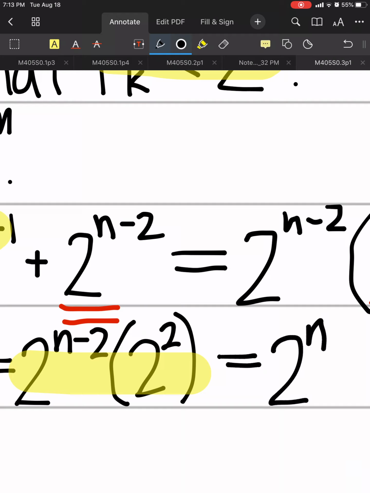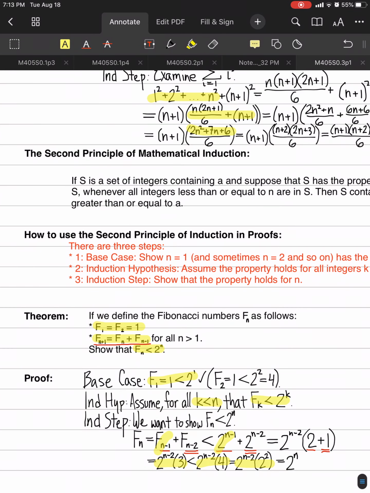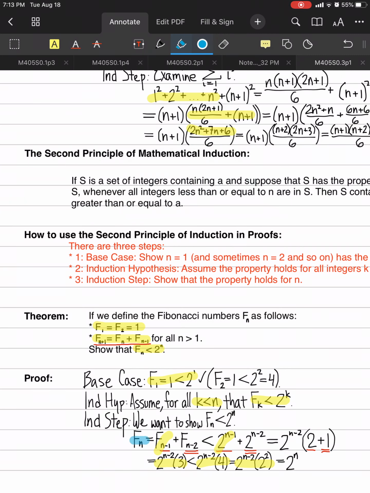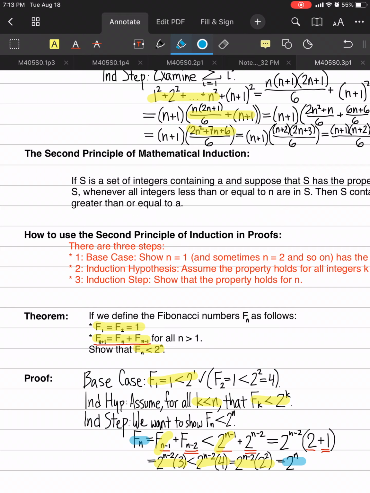So I get 2 to the n, and if you look at this, we have this whole unbroken chain, let me use blue here, from f sub n all the way to 2 to the n. Everything in between is either a less than sign or an equal to sign.